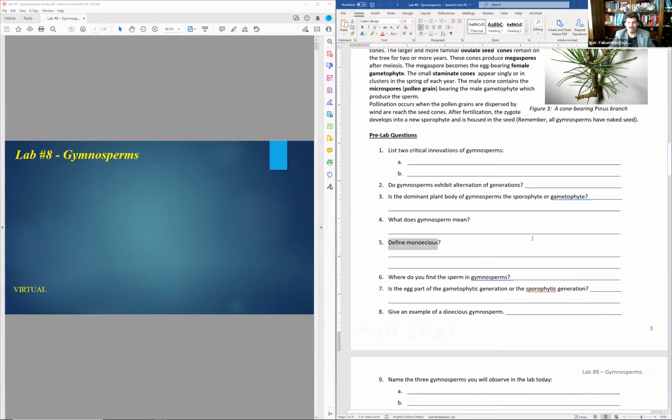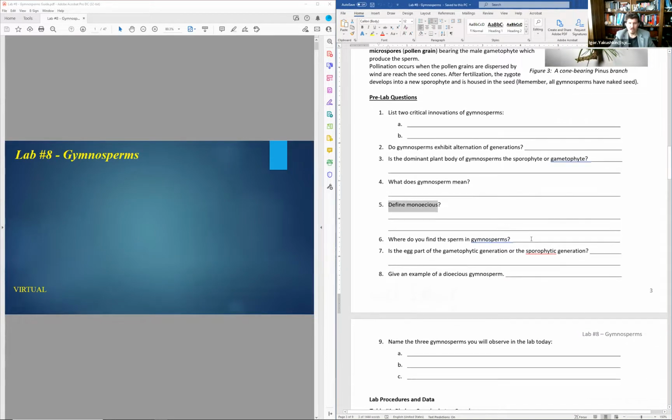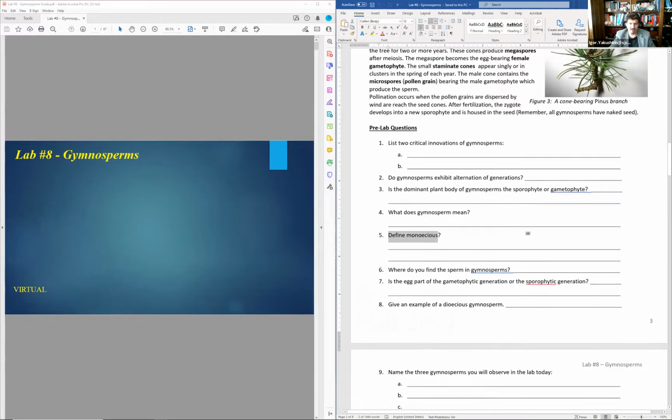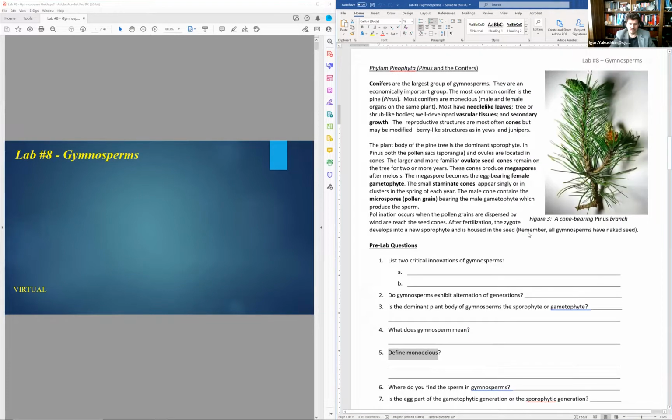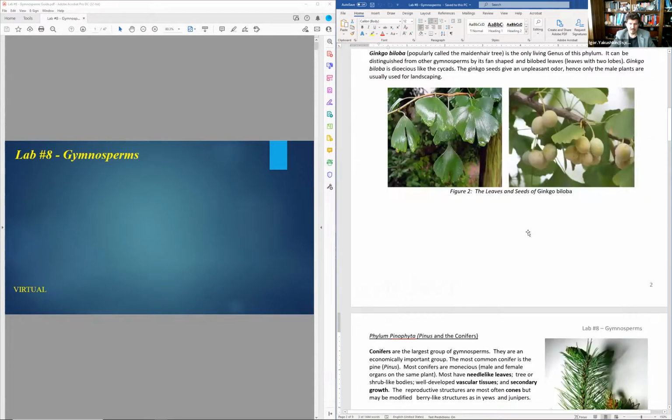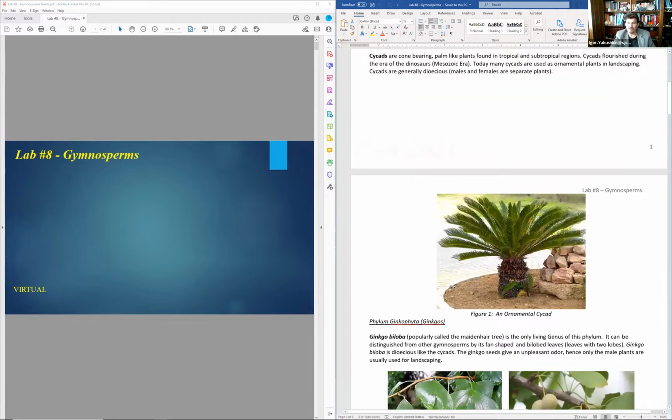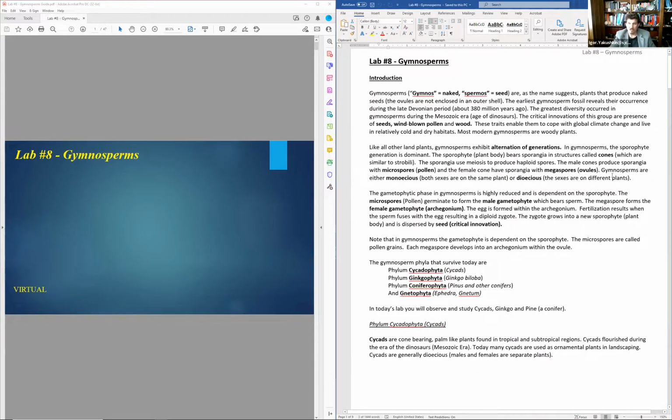Define monoecious. We discussed that already last time. Mono means one, right? So on the same plant. Gymnosperms are either monoecious, where both sexes are on the same plant, so a single plant will produce male and female gametophytes.